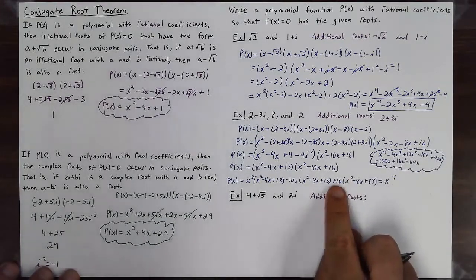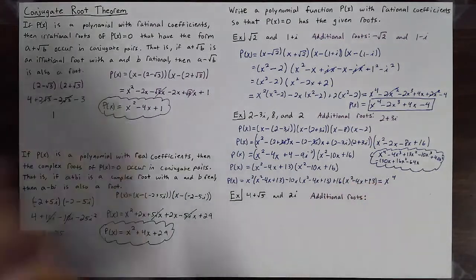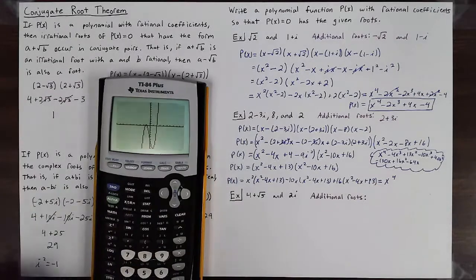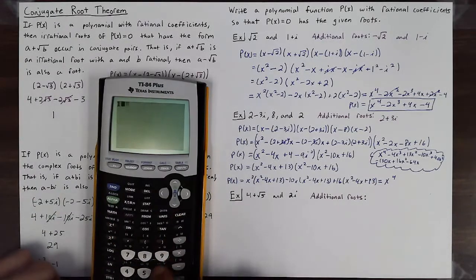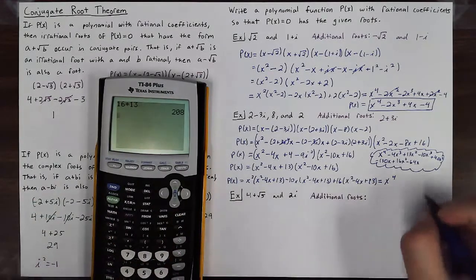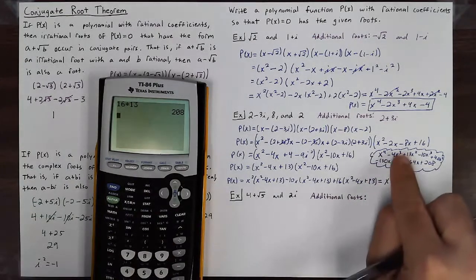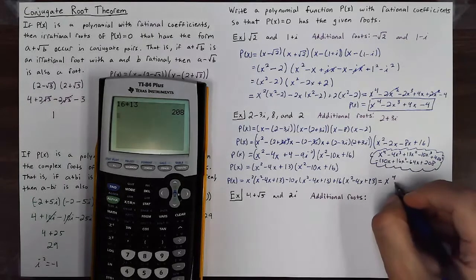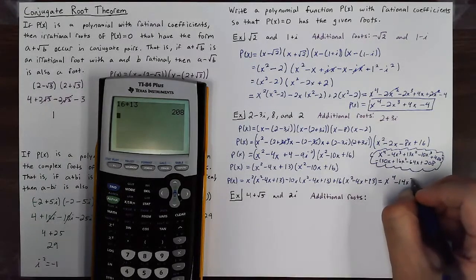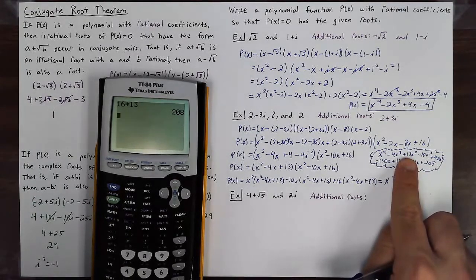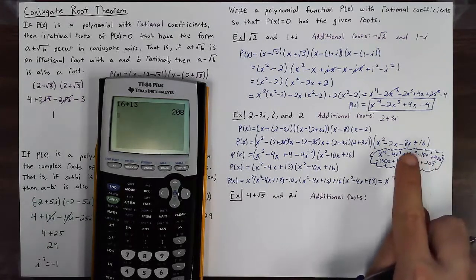And then 16 times 13, which I'm going to use a calculator for just to be safe. 16 times 13 is 208. So my final answer will be x to the fourth. Then my 2x cubed will be minus 14x cubed. And I have 13x squared, 40x squared, and 16x squared.